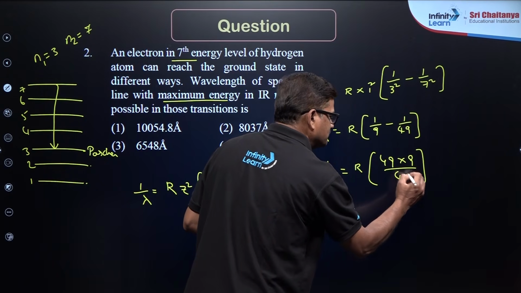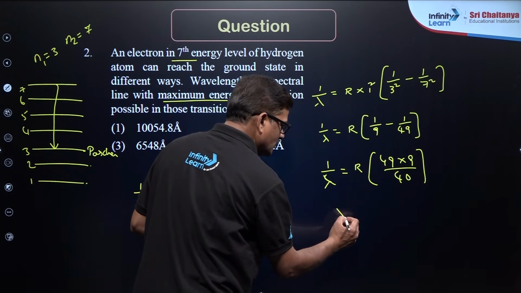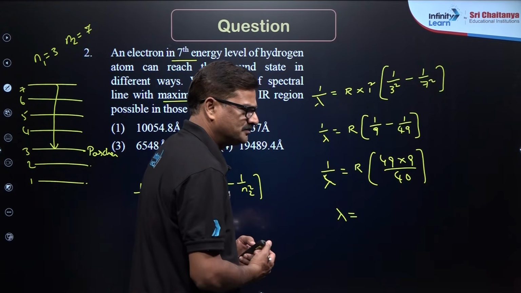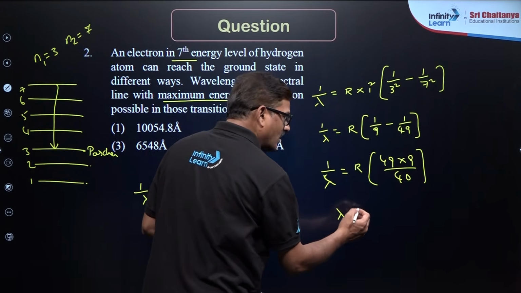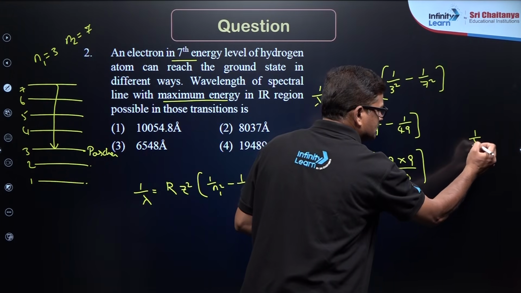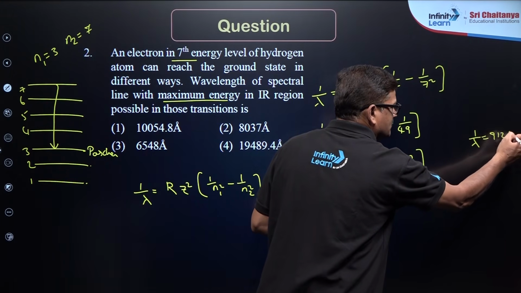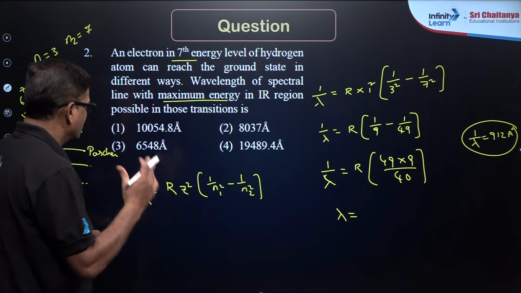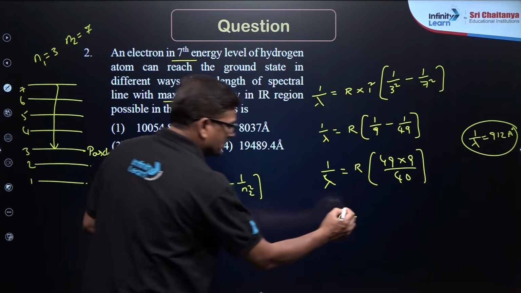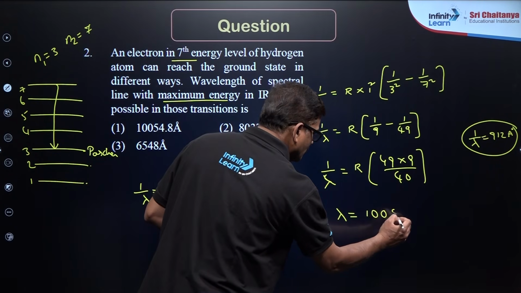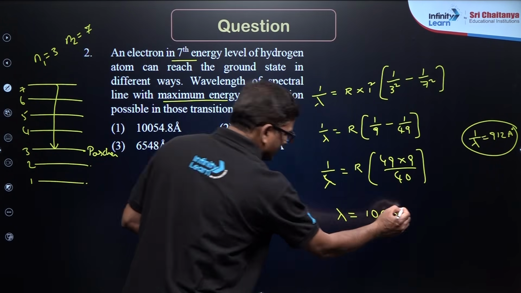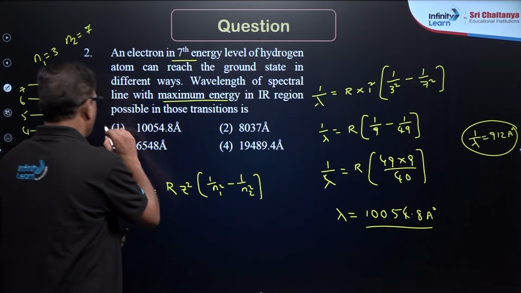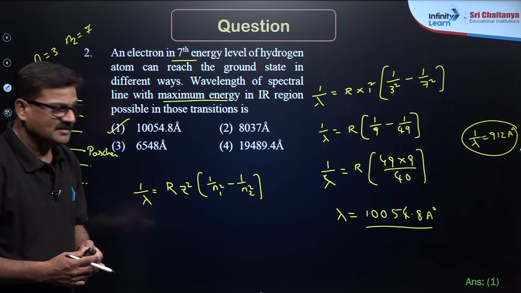So on doing so, lambda you are going to get as 1 by R is equal to 912 angstrom units. Directly you can use that, and for doing so you are going to get lambda is equal to 10054.8 angstrom units. So option 1 is the correct answer for this question.